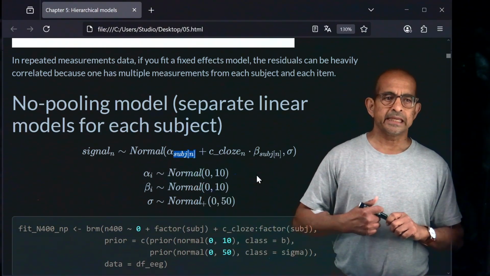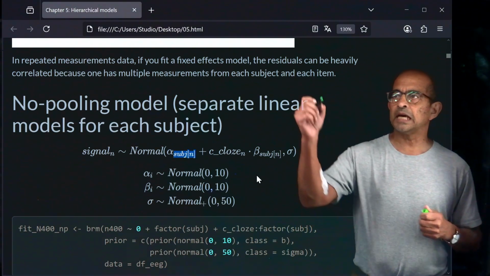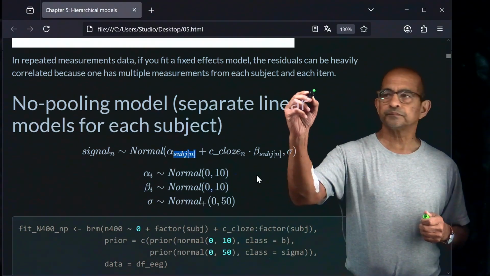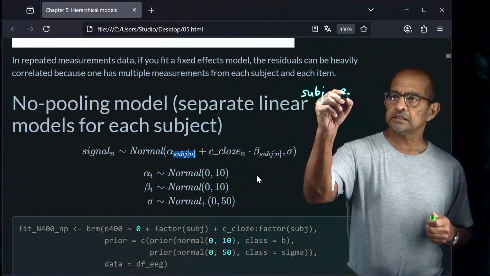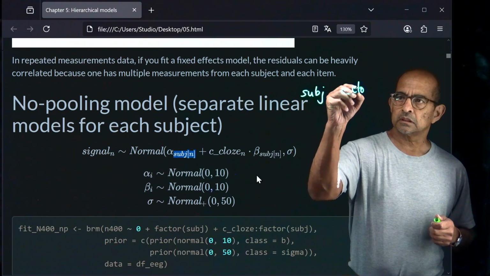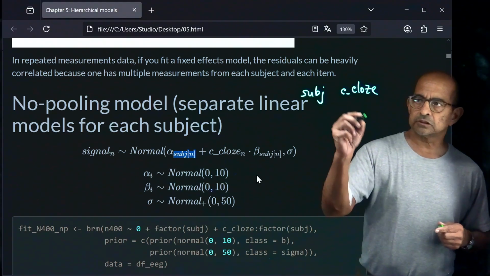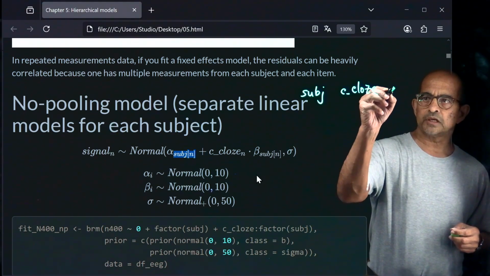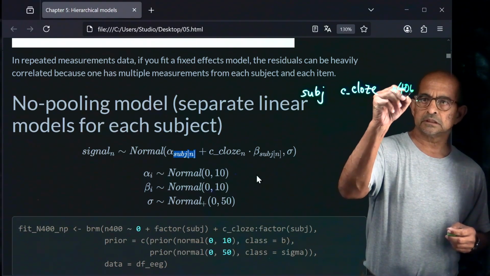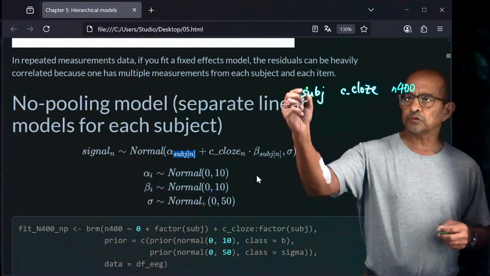Okay, so in the data frame, what we will have is a subject column, we will have a C close predictor variable, so these will be continuous variables, and then we will have the N400 signal, which is the dependent variable. So that's what the data frame looks like.